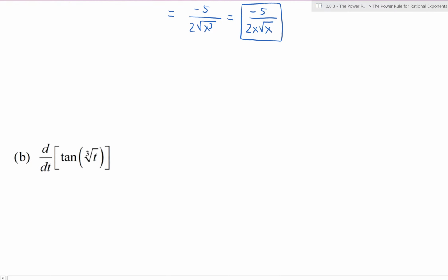Here's another one. How about tangent of the cube root of t? Let's differentiate that with respect to t. Now, notice, before I apply my differentiation, I'll just write it as d dt of tangent of t to the 1/3 power.